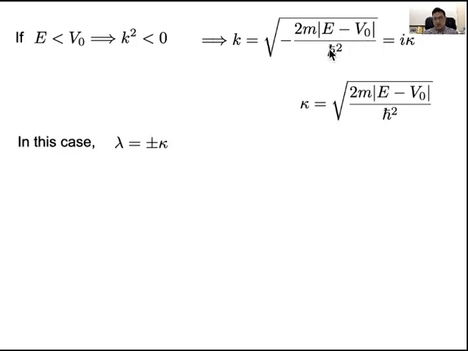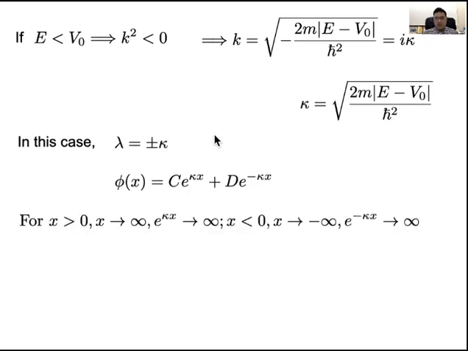In this case, lambda is equivalent to plus minus kappa, and then I can write down my wave function: c times e to the power kappa x plus d times e to the power minus kappa x. So I have replaced my plus minus ik in terms of plus minus kappa.